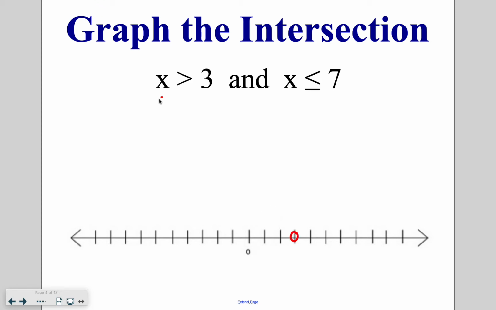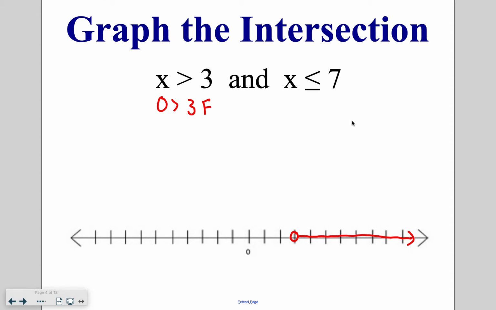If I test it, 0 is greater than 3 is a false statement, so I would be moving to the right. All of these answers are true for this first statement. 4 is greater than 3, 5 is greater than 3, 6, 7, 8, 9, 10, etc. All of those numbers are bigger than 3.